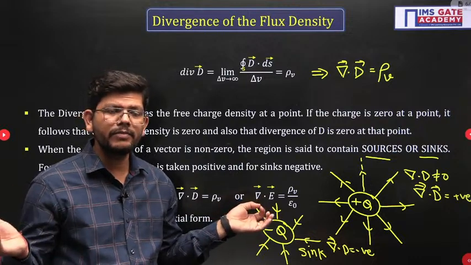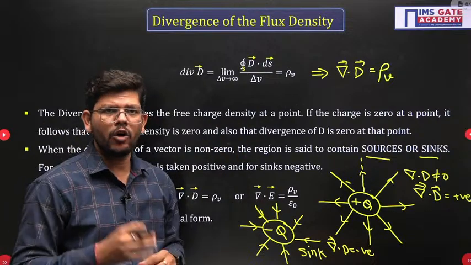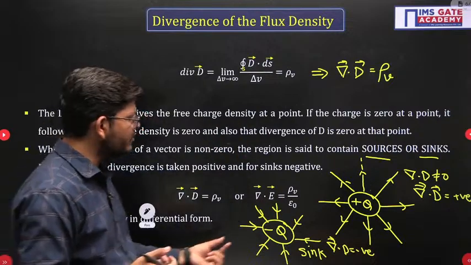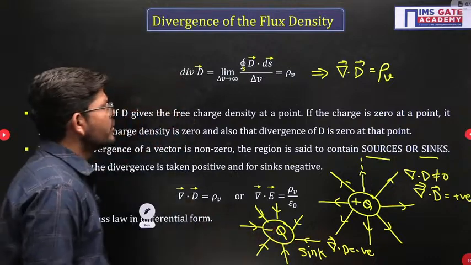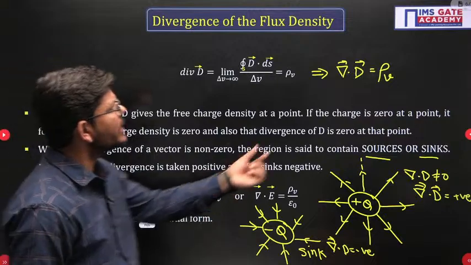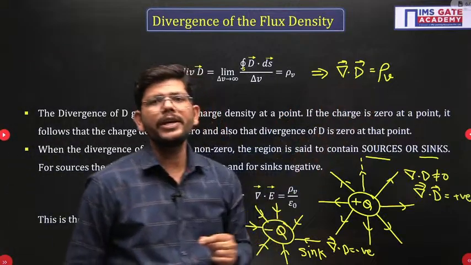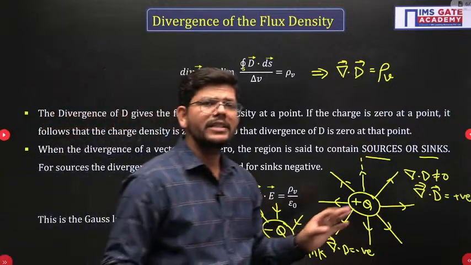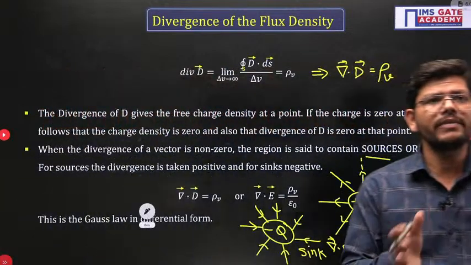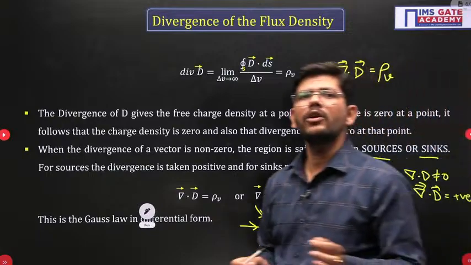If the quantity is getting into the body or the point source, the divergence will be negative and the thing will be acting as a sink. So we have calculated the divergence and found that it is equal to the volume charge density. That means if there is a charge associated with the body, the divergence of D will not be 0, isn't it?